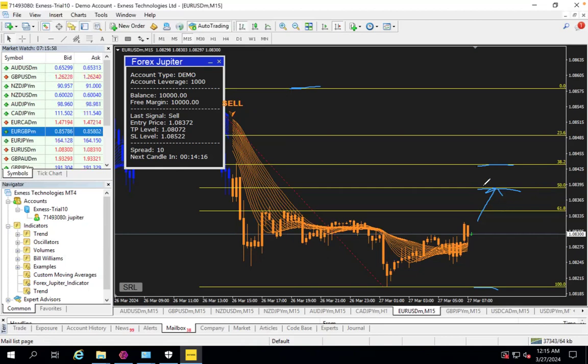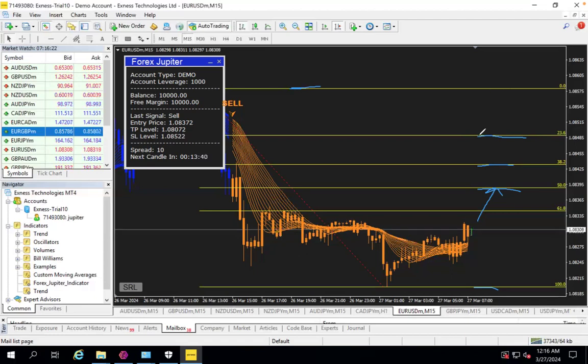Okay, so you can either take entry here, or if you want to be very, very accurate, but this will give you access to a lower number of entries, you can put your entry at this 23.6 or your 78.6. All right, and then you put your stop loss where?